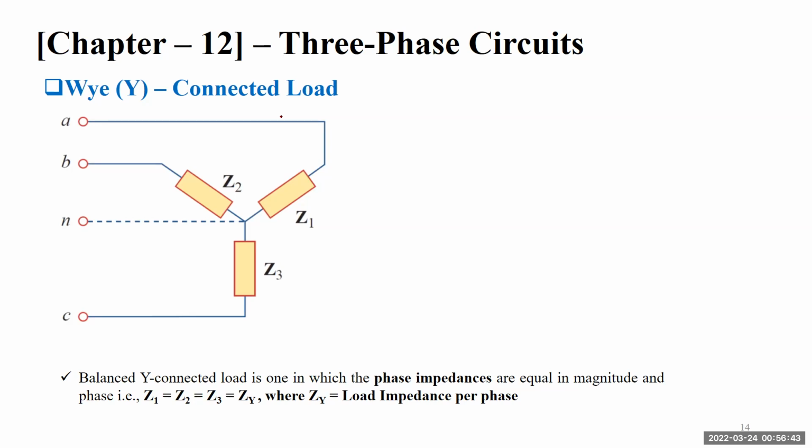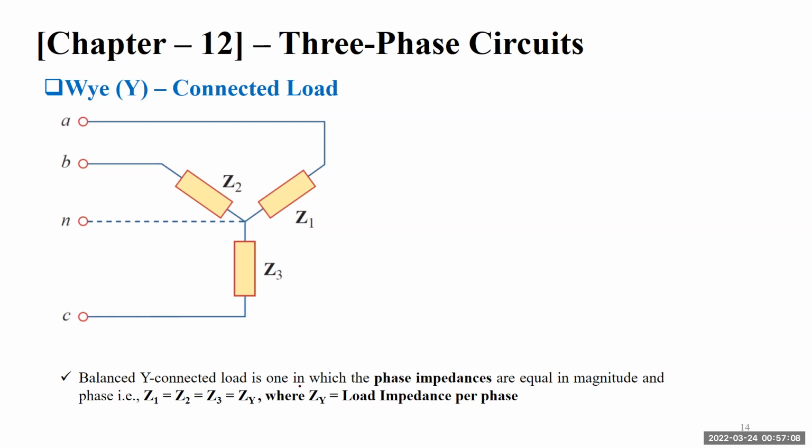In this diagram, our loads are connected in a Y combination. We have impedance Z1 connected between A and neutral, between one phase. Between B and neutral, we have Z2, and we have impedance Z3 between C and N.